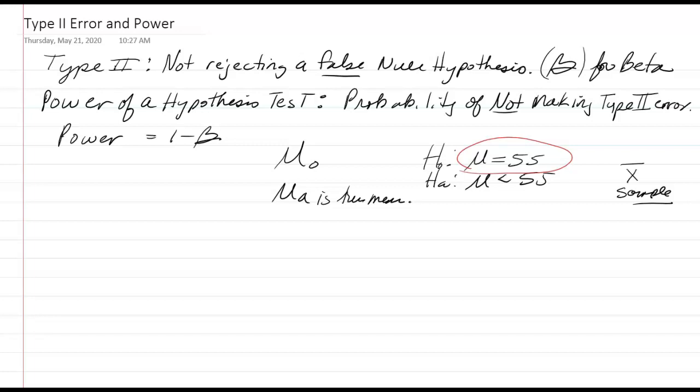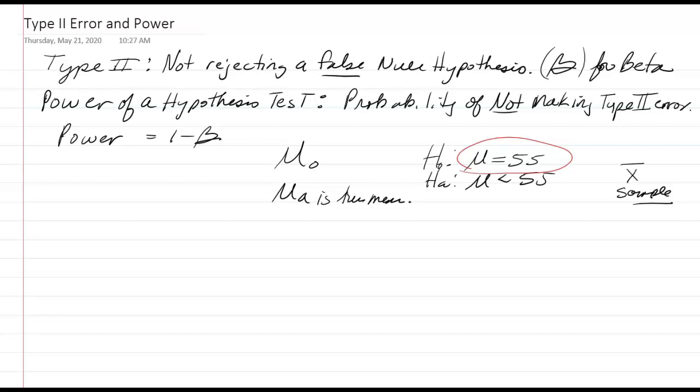Now, let's look at the flip side of that. Let's suppose the true mean is really something as low as 48. So for some reason, scientists believe that the average age of early onset dementia is 55, but in reality, it's 48. Well, if in reality it's 48, and you take a sample from that population, there's a good chance that your X-bar is going to be much lower than 55.